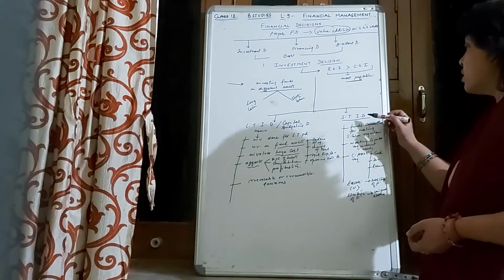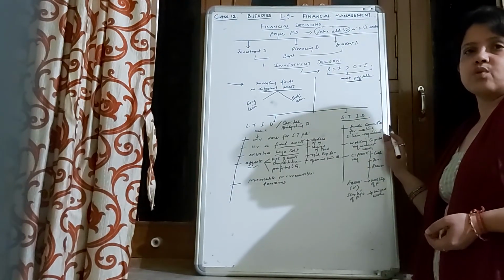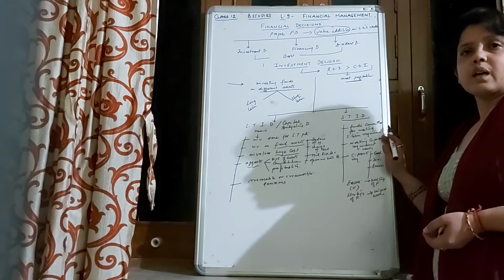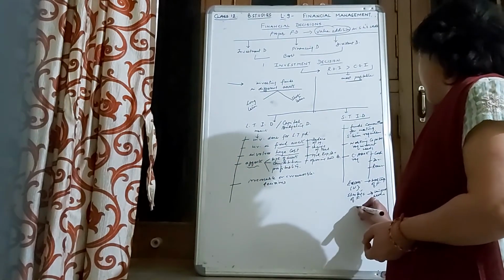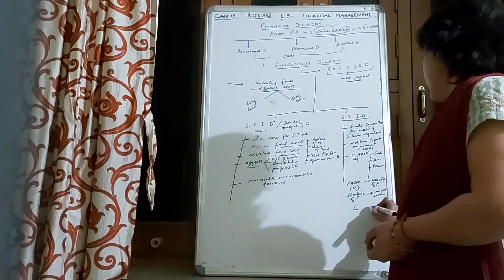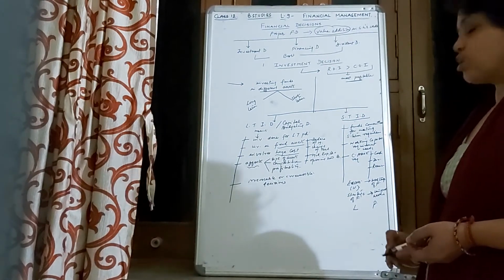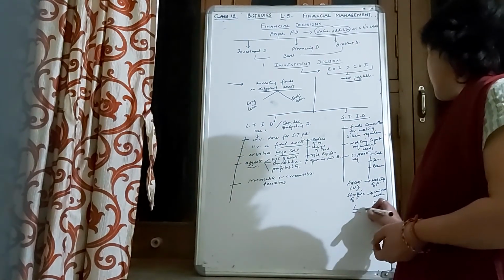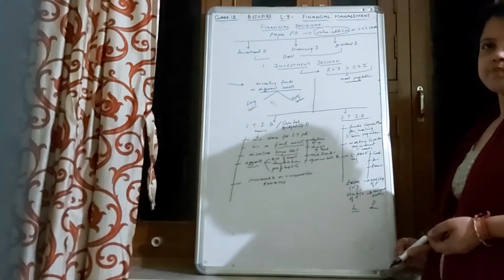So in case of short term investment decisions, proper estimation of working capital requirement need should be made by the organization, keeping in mind the liquidity and profitability quotient. There should be balance between liquidity and profitability.